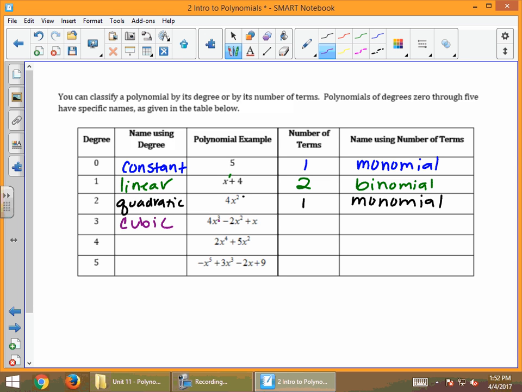Our highest exponent between 3, 2, and 1 is 3. So it would be a cubic. How many terms are there? 3. So as Josh and Megan were saying, we would call this a trinomial because there are 3 terms. A bicycle has 2 wheels, a tricycle has 3 wheels, so a trinomial would have 3 terms.